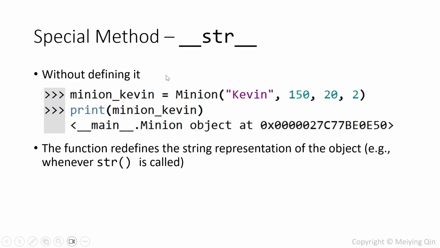So if you don't have that string method and you, for example, define a new object, minion Kevin, from the class minion with these properties, then if you print minion Kevin, it just shows you this weird result. Just, for example, minion object at some address in the memory, right? And this is because we didn't define how to represent that string.